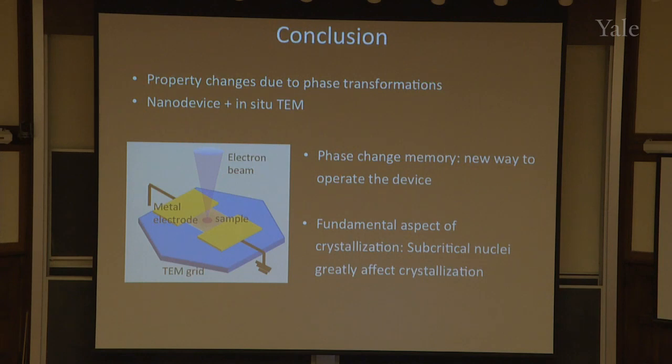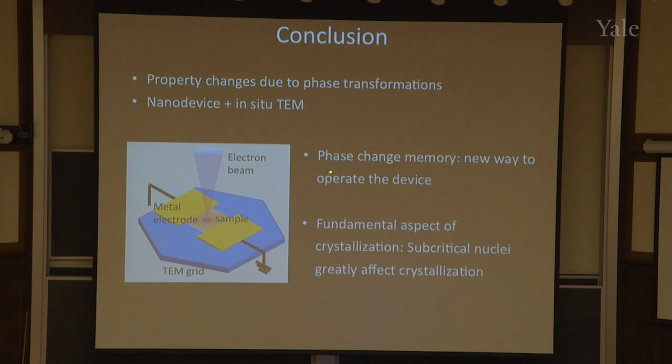If I give this talk to my fellow scientists, the conclusion slide would look like this, where I would say material properties change due to phase transformations. The phase transformation we talked about today was the amorphous to crystalline phase transformation. The way I did it was by using a device, the phase change memory device, and using in situ TEM. In situ TEM just means that you're taking movies inside a TEM.